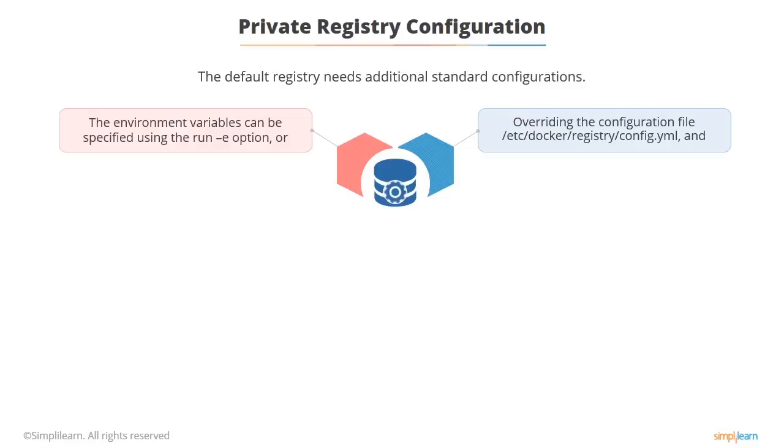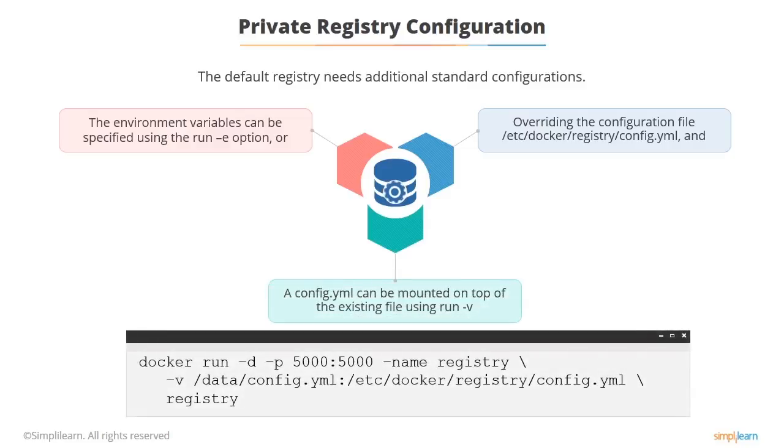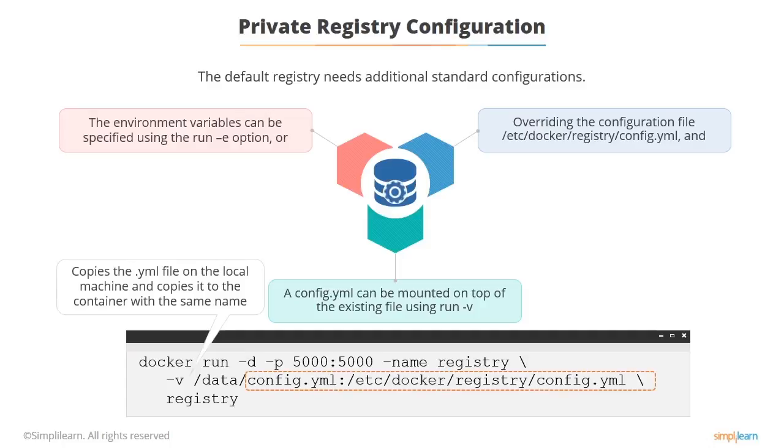The -v option says take the file /data/config.yaml on the local machine and effectively mount it onto the container as /etc/docker/registry/config.yml. So that means that when the container's running, it's using your config.yml, which sits over the top of the existing one and replaces it effectively.